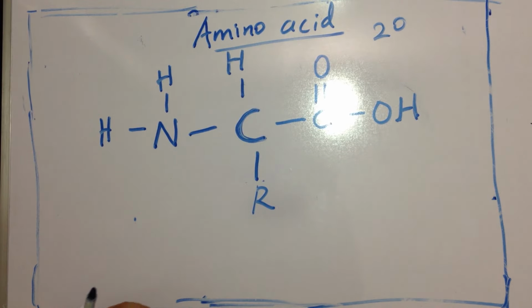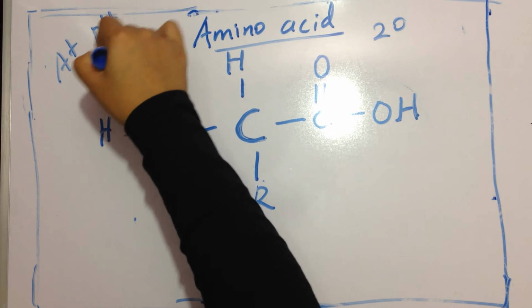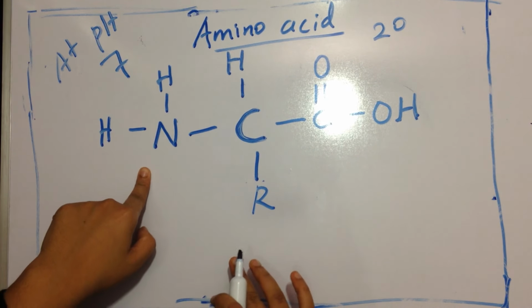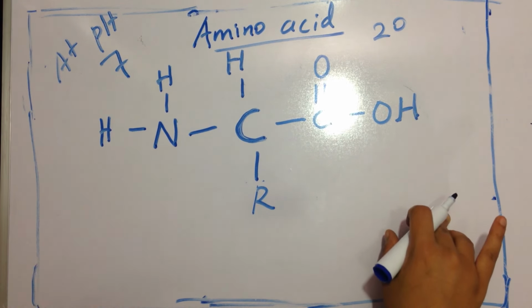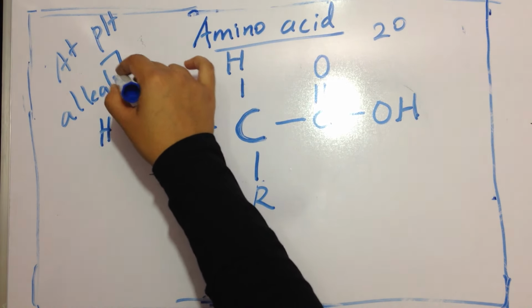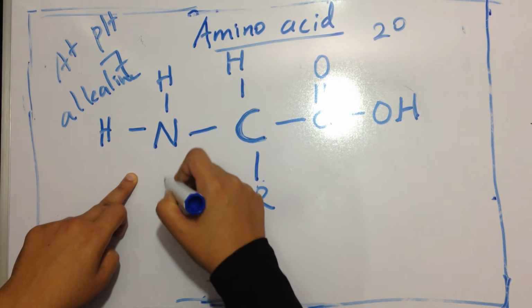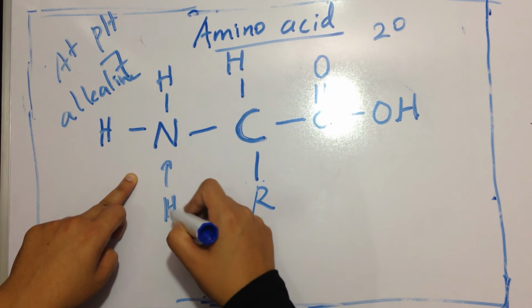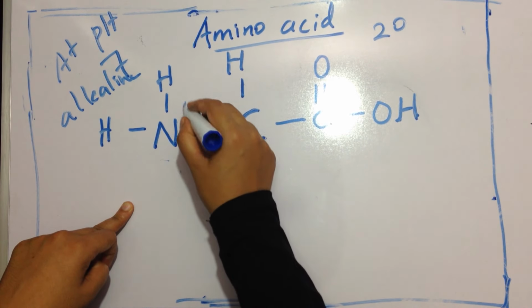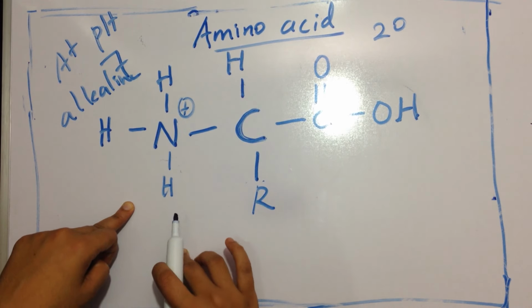Now, what you should know is that at pH 7, the amino group has alkaline properties. So it can accept a hydrogen and become NH3 plus.